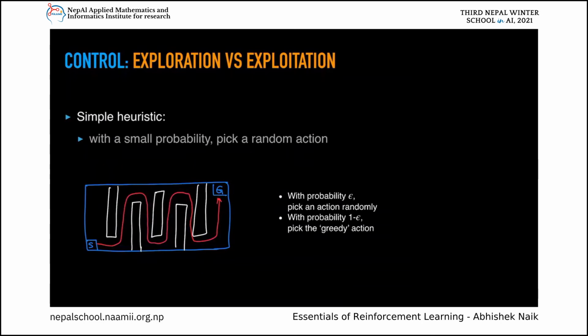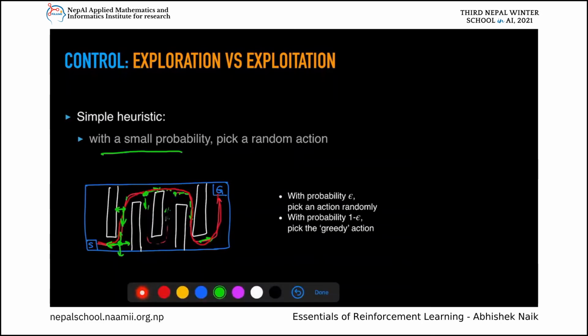So, to concretely say what this is: with probability epsilon, we pick an action randomly, and with probability 1 minus epsilon, we pick the greedy action. The greedy action is to keep doing what you're doing, which at every point of time tells you what the best thing to do is. So the greedy action till this point was to go down.